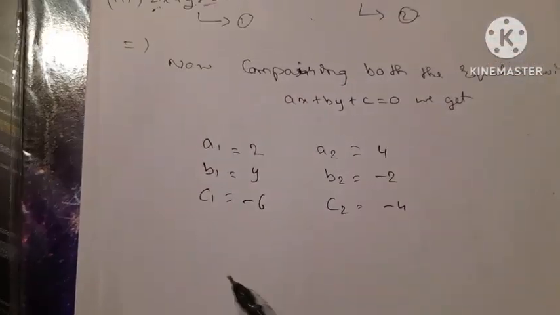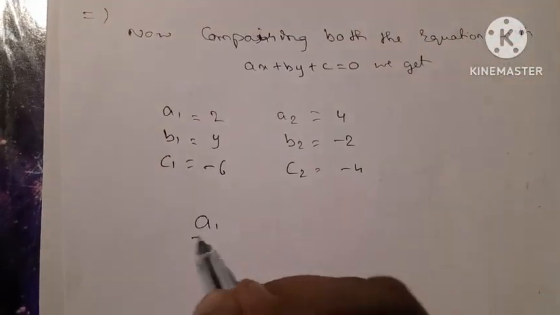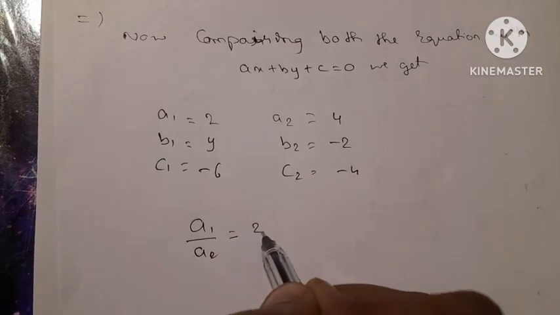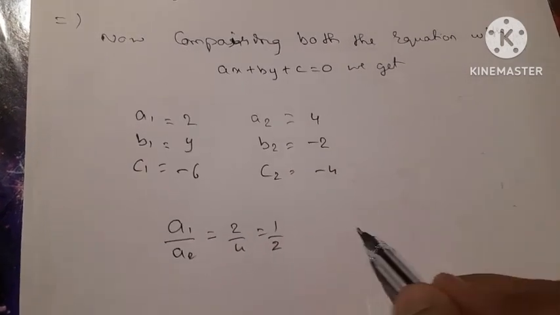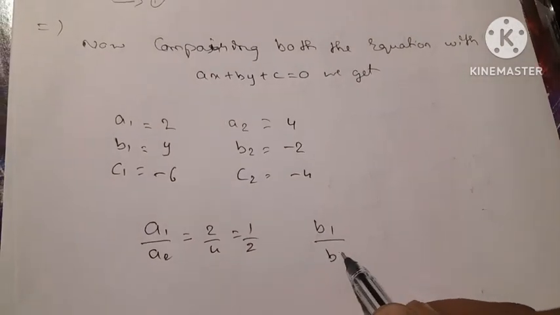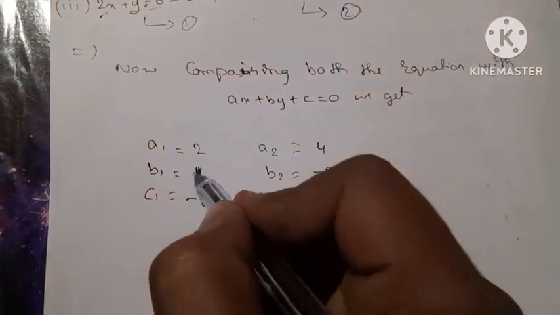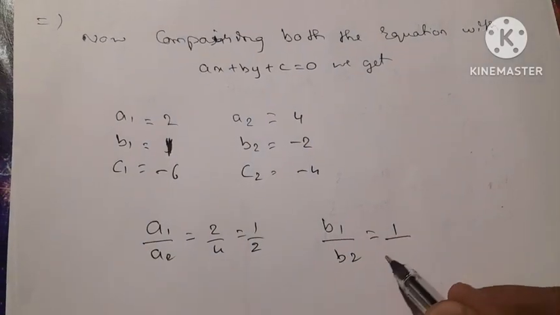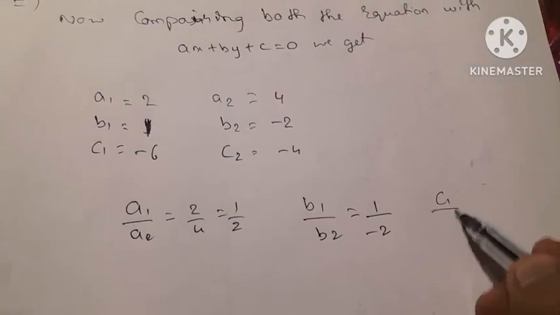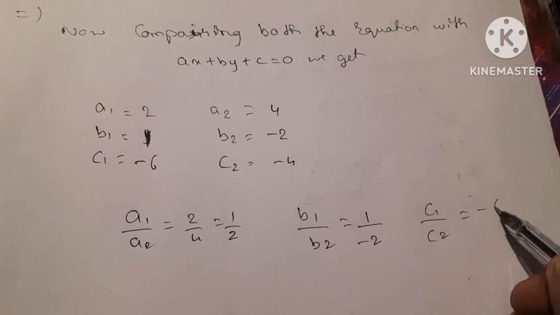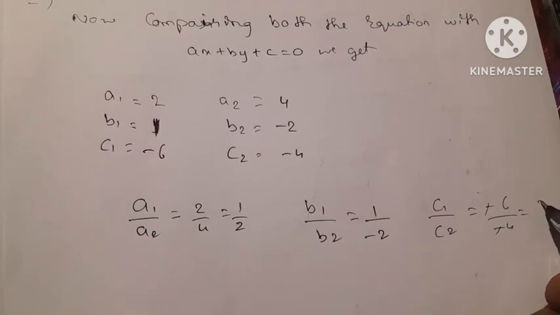So rewrite the equations. a1 by a2 equal to 2 by 4 equal to 1 by 2. b1 by b2 is equal to, this is 1 by minus 2. c1 by c2 is equal to minus 6 by minus 4, it will be 3 by 2.